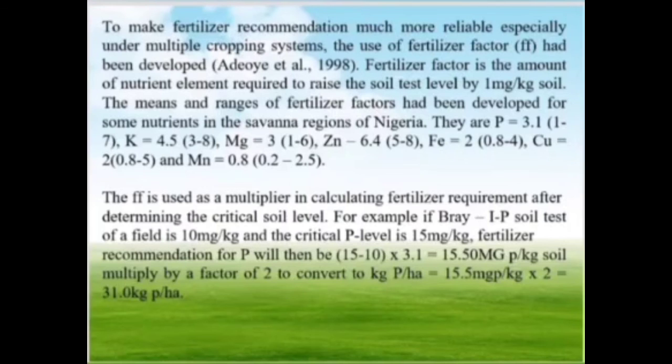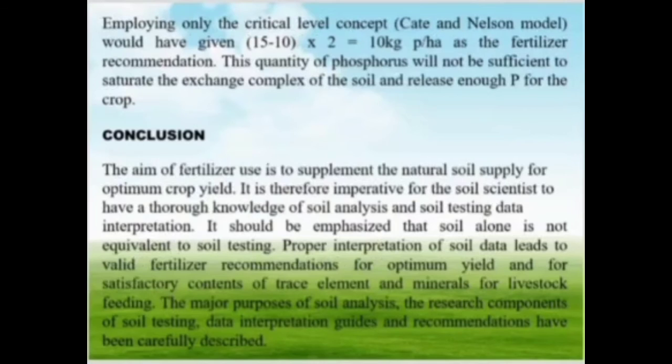Multiply by a factor of 2 to convert to kilogram P per hectare: 15.5 milligram per kilogram times 2 equals 31.0 kilogram P per hectare.